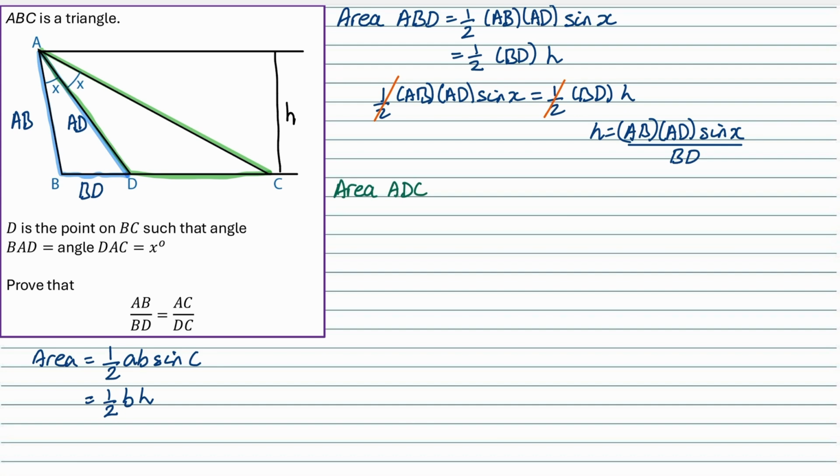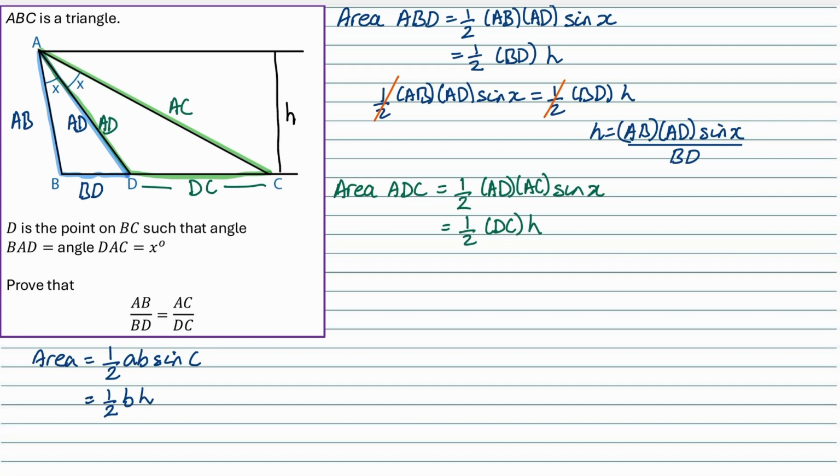Okay, so welcome back if you had a go. So area ADC, using this rule, we can identify the lengths as A to D, A to C. So we'll have 1/2 of AD multiplied by AC multiplied by the sine of the angle between them. And then using half a base times height, this will have 1/2 of a base, which is DC, from there to there, times the perpendicular height.